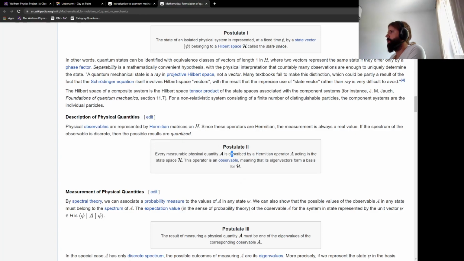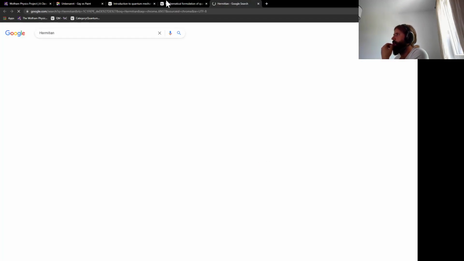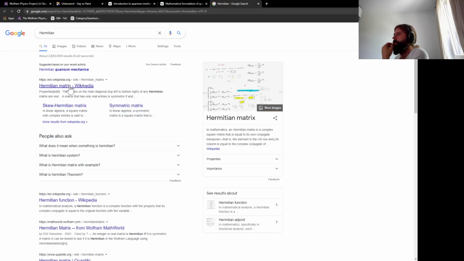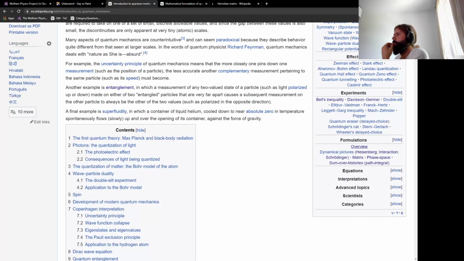So, but these things are defined as physical quantities. But again, that's also the dynamic picture, right? Because in the path integral, you don't have operators. And I kind of forgot why the Hermitian part was important.